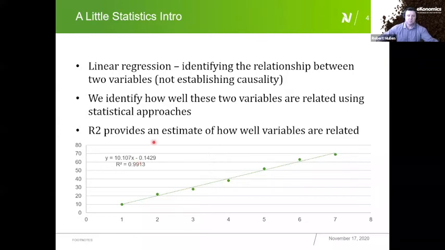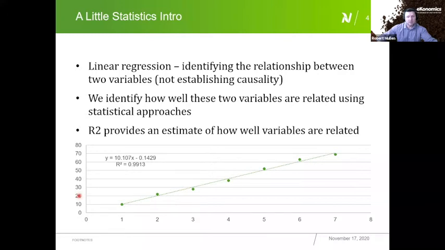The one thing I do want to mention about conducting regression analysis or correlation work is just because two things are correlated doesn't necessarily mean there's a causal relationship. Just because this x-axis and this y-axis have a pretty strong relationship doesn't mean that this is ultimately what's controlling y. It just means there's a relationship between these two, that as I observe an increase in this value, I observe a corresponding increase in this.